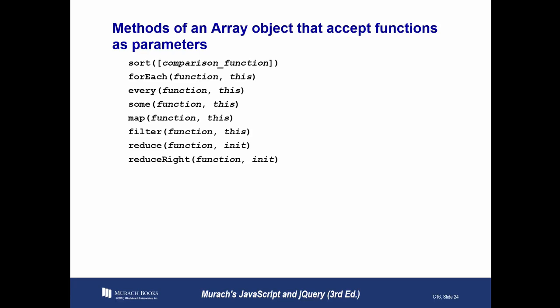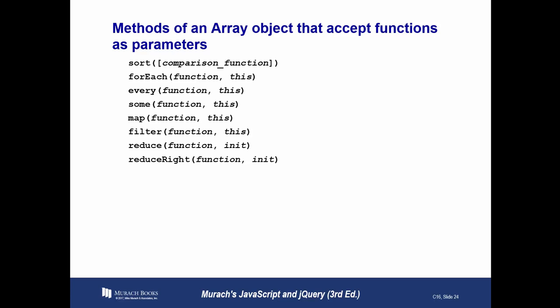There's sort, which allows you to sort an array, forEach, which accepts a function that's executed once for each array element, every, which accepts a function that tests each element in the array to see if it meets a condition, some, which accepts a function that tests each element to see if it meets a specified condition, map, which accepts a function that's executed once for each element and returns a new array, filter, which accepts a function that is executed once for each element, returns a new array, reduce, which accepts a function that returns all elements reduced to one value, and reduceRight, which accepts a function that returns all the elements reduced to one value in descending order.